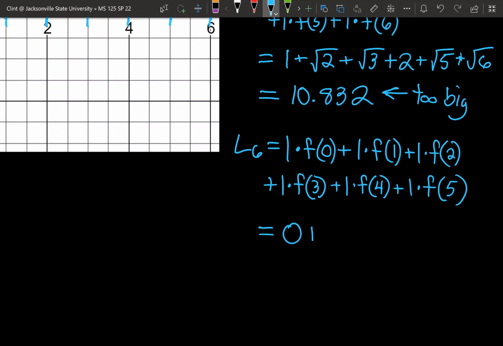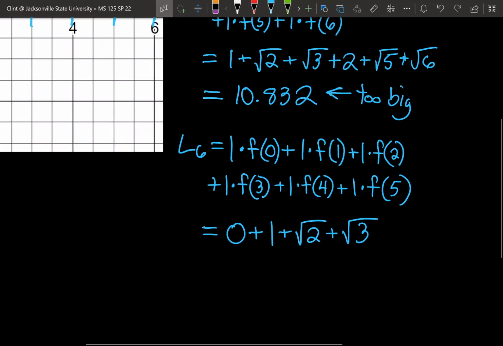F of 1, square root of 1, that's 1. F of 2, square root of 2. F of 3, square root of 3. F of 4, square root of 4, or 2, however you want to write it down. Don't mix them like I did. And the last one, yeah, square root of 5.